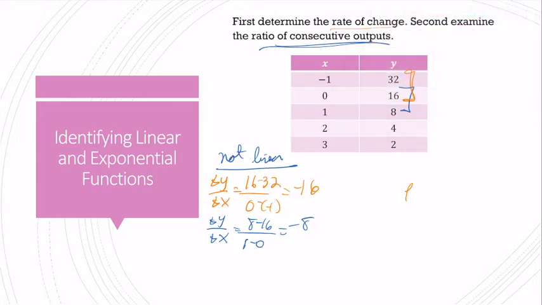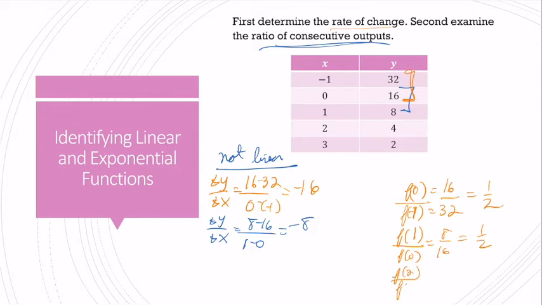If I have f of 0, which is 16, over f of negative 1, which is 32, I get 1/2. If I have f of 1 over f of 0, that's 8 over 16, which is 1/2. If I have f of 2 over f of 1, that's 4 over 8, which is 1/2. So this is going to be an exponential function, right? It's going to be a function where 1/2 is its base.